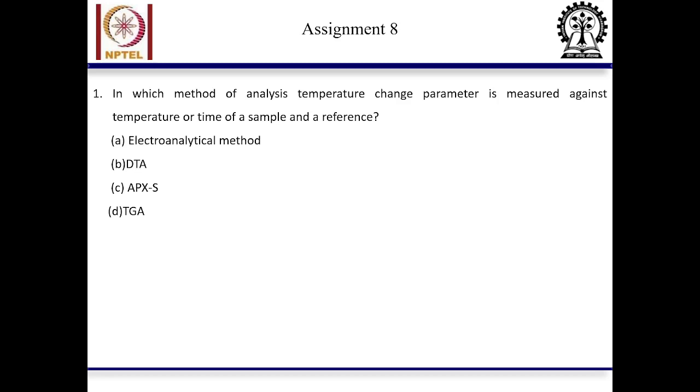A is electroanalytical method, B is the DTA, C is the APXS, and D is the TGA. So just write in the chat box what the answer is for question number 1. Anyone can take the lead and write the answer for this question number 1.